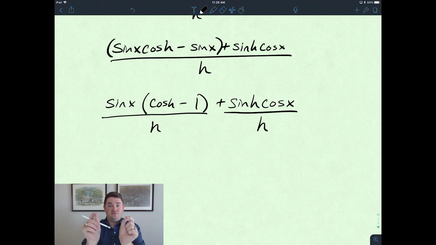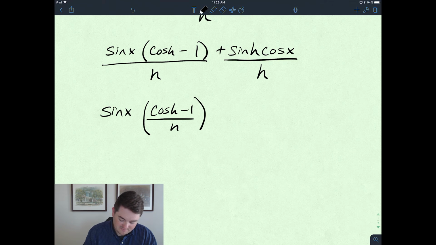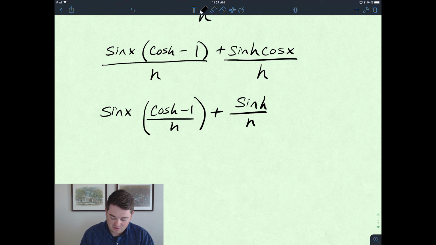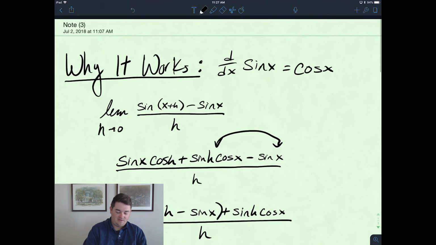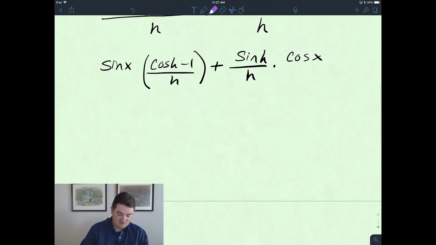One more, I'm going to take both these fractions and split them. Now it's multiplication, so I'm not going to have four denominators, but it's going to look like this. Sine x times cosine h minus 1 over h plus sine h over h times cosine x.